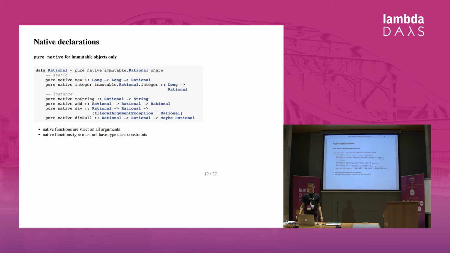I have created this rational data type which has final fields nominator and denominator, and it just represents a rational number. So all functions are pure. I think it's quite readable what's going on here.